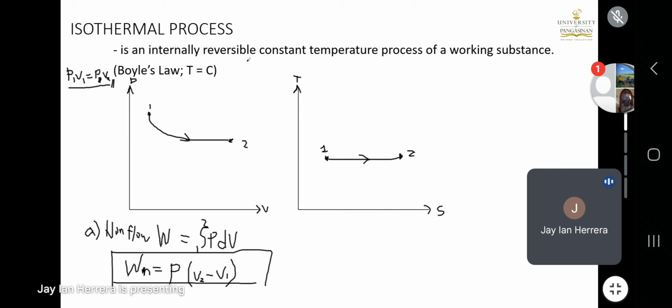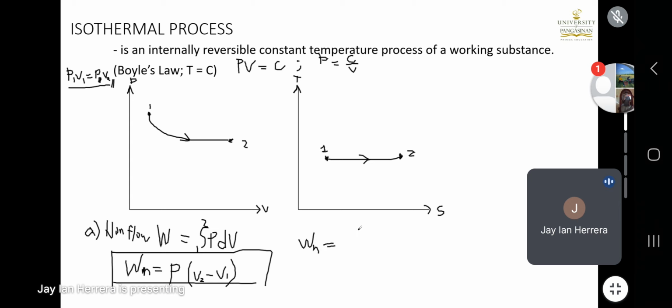Since PV is constant, we can also write our work non-flow.